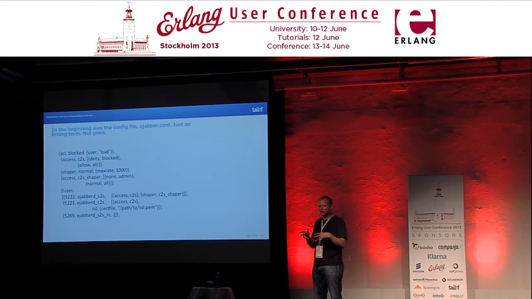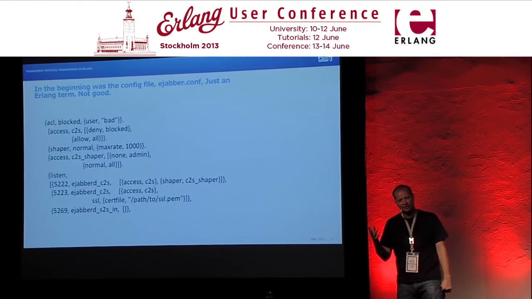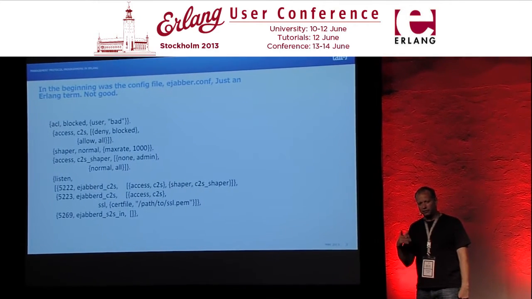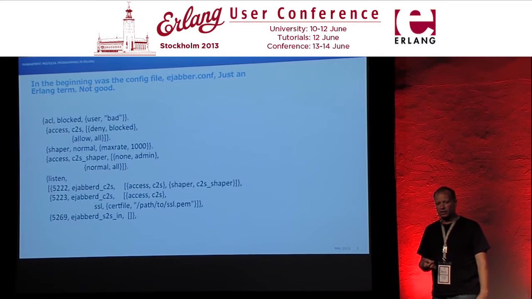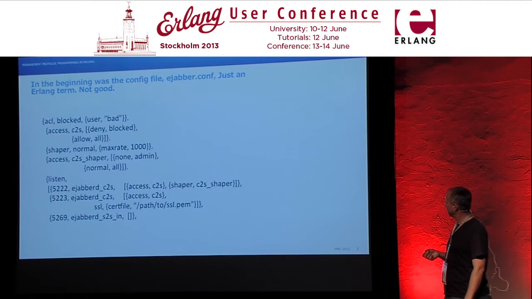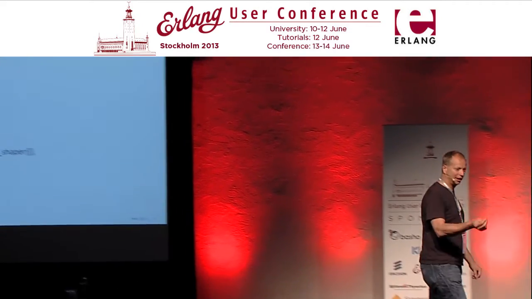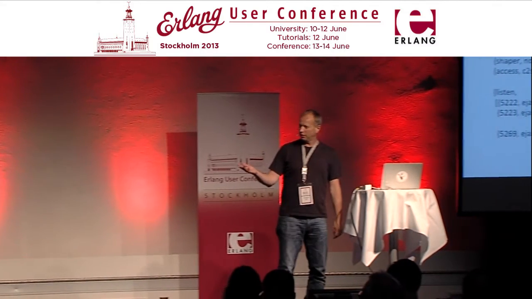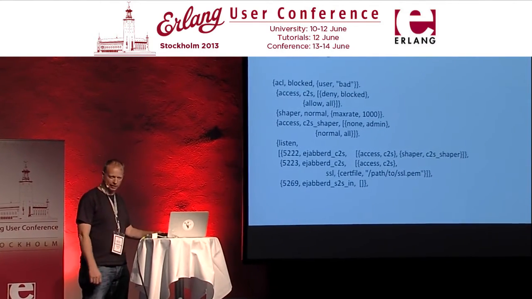There's no schema, there's no guidance for whoever is supposed to edit this file. And I bet you, if you make an error configuring ejabberd, the message you get back is not going to be super instructive. The only thing that's good about this is that it's really easy for the programmer doing the config file. It's a one-liner in Erlang to read in the config file. Not good. Don't like it at all.